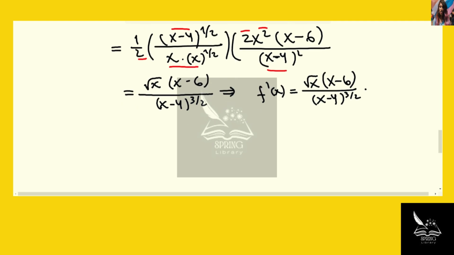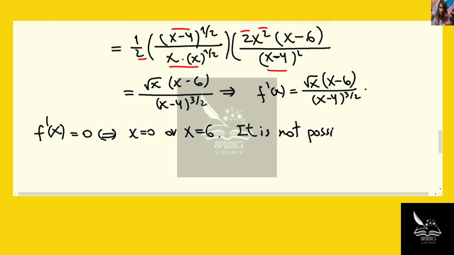And it is 0 when x is 0 or x equals 6. It is not possible that x equals 0, because x has to be greater than 4.